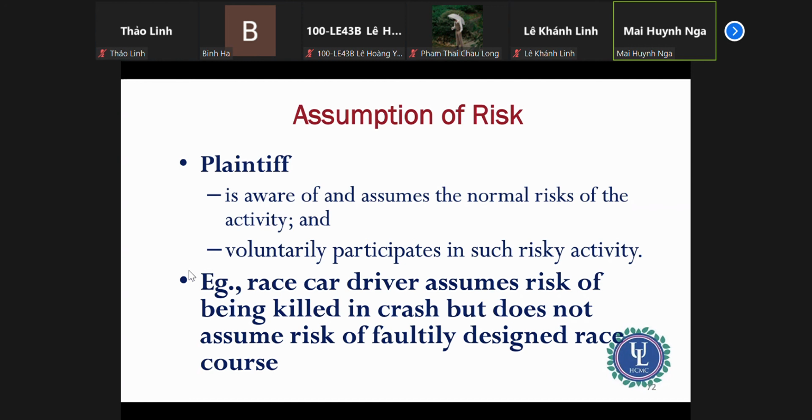So it is really difficult to say whether that race course is faultily designed or not.